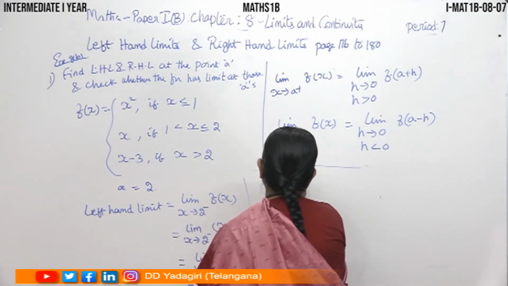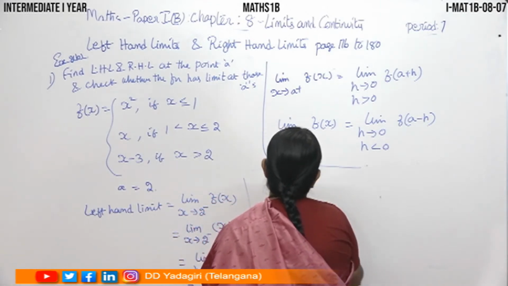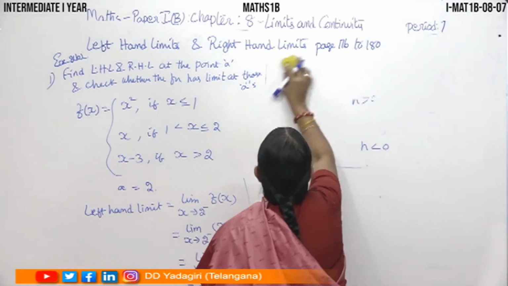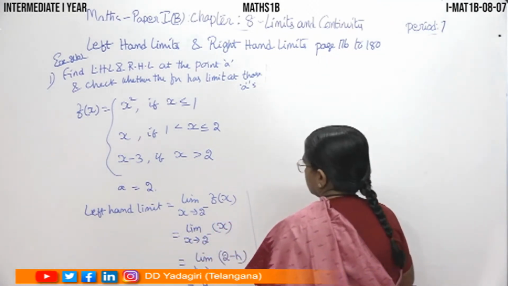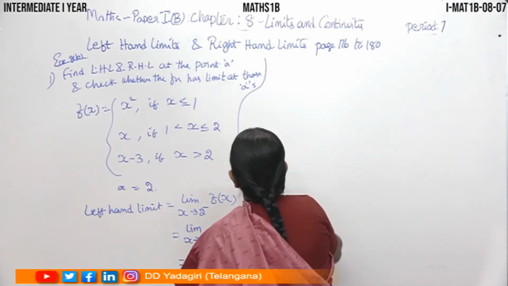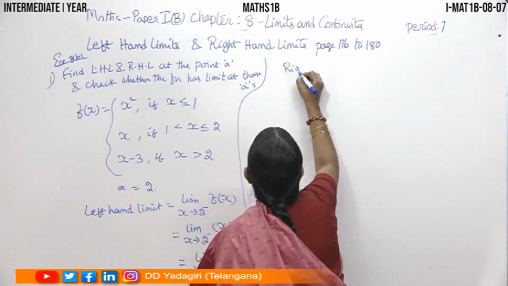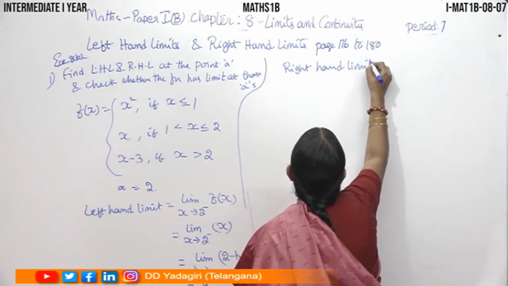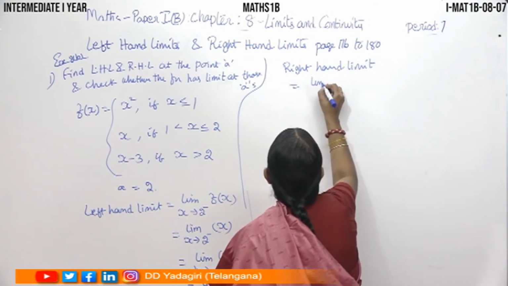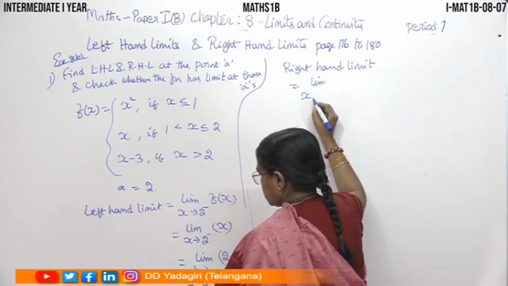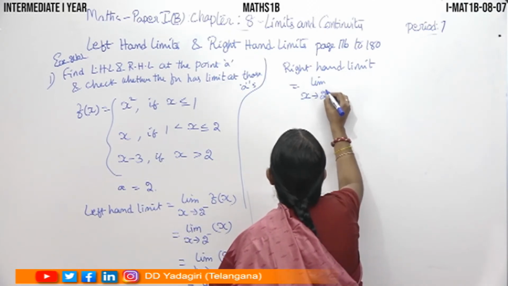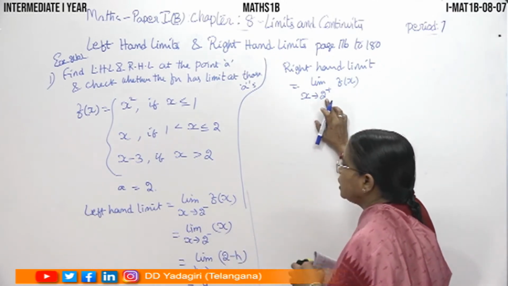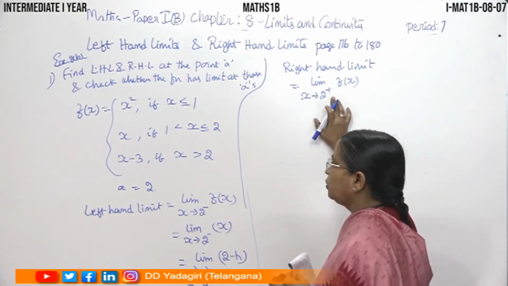What is the right hand limit? Right hand limit is equal to limit x tending to 2 plus of f of x. 2 plus means it takes the values nearer to 2 but greater than 2.